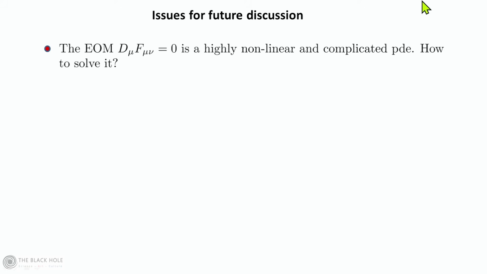So the Yang-Mills equation of motion, D_mu F^{mu nu}, is a partial differential equation. It's highly nonlinear. It's nonlinear because you have products of A's, not just two products, but three products and four products. In QCD, we would say this corresponds to the 3-gluon interaction and the 4-gluon interaction.